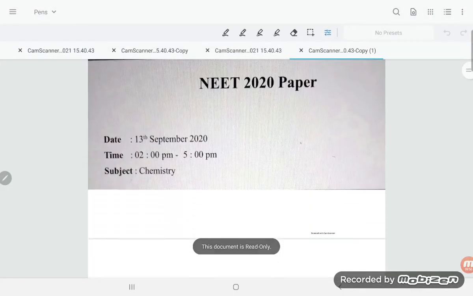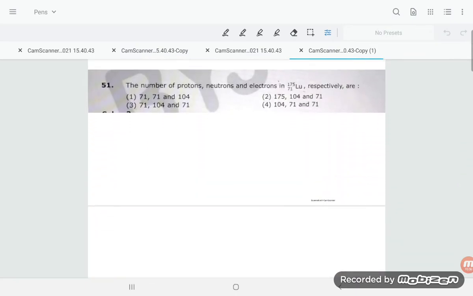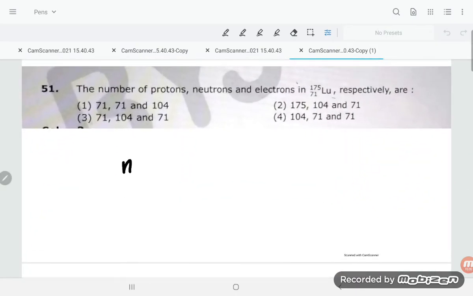Sorry students, little disturbance is there. Okay, so if you talk about the A, students, how much is A, they are asking neutron. That is very easy actually, but something because of the screen. So N is equal to A minus what?